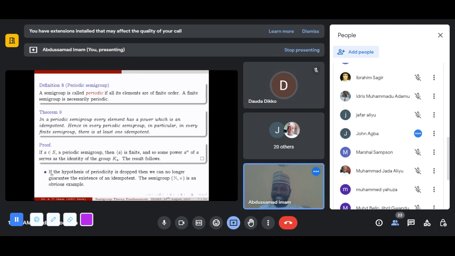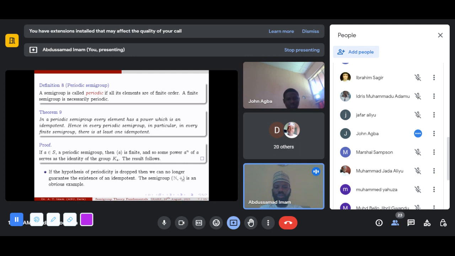Okay. So if the hypothesis of periodicity is dropped, then we can no longer guarantee the existence of an idempotent. If you try to insist that you want an idempotent in every semigroup that is not necessarily periodic, you can no longer guarantee its existence. For example, look at the semigroup of natural numbers with addition.